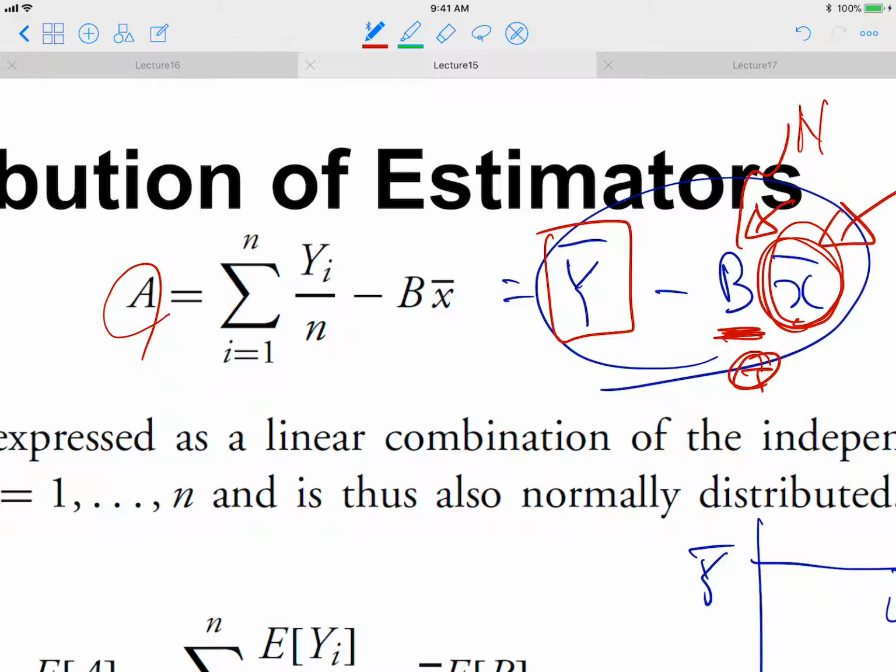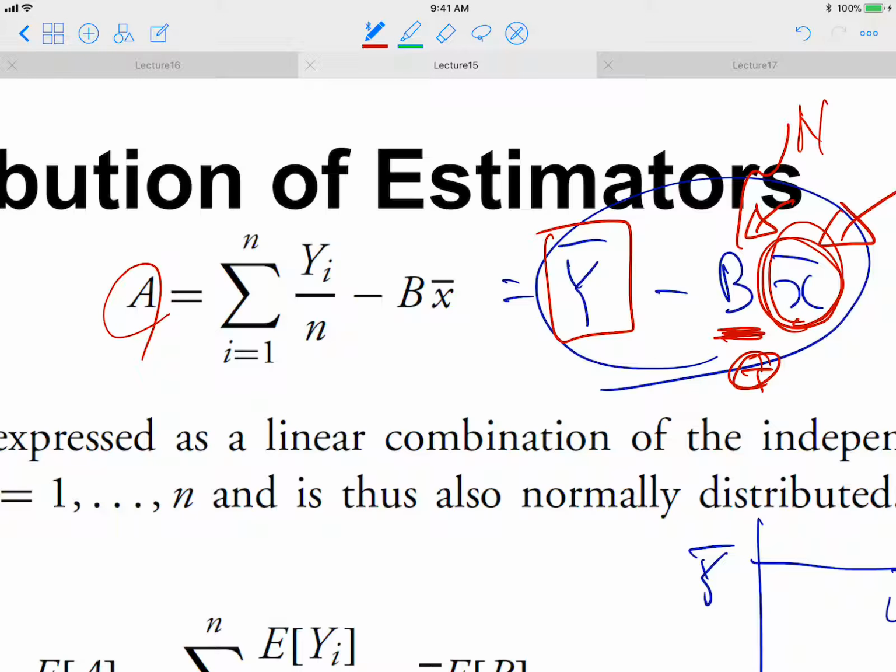It is a random variable because it contains epsilon i's.